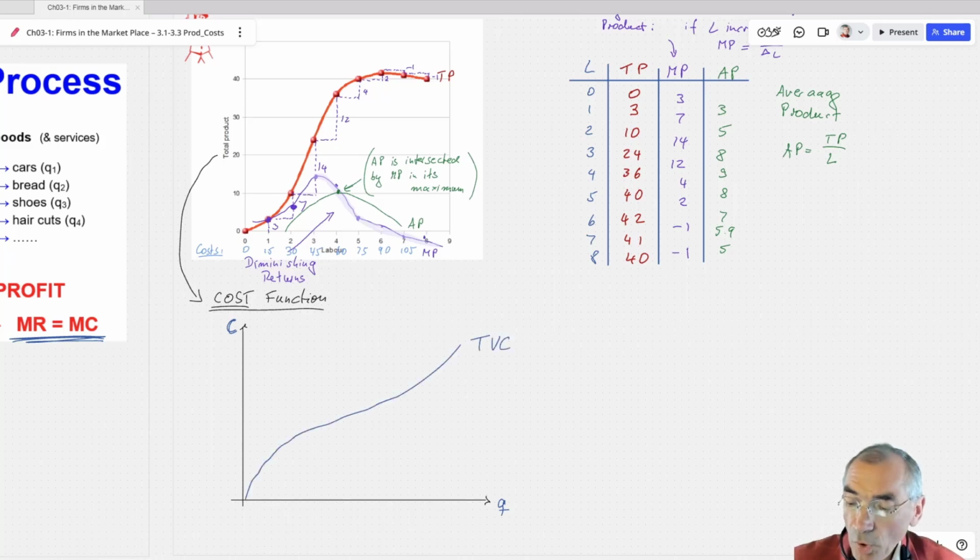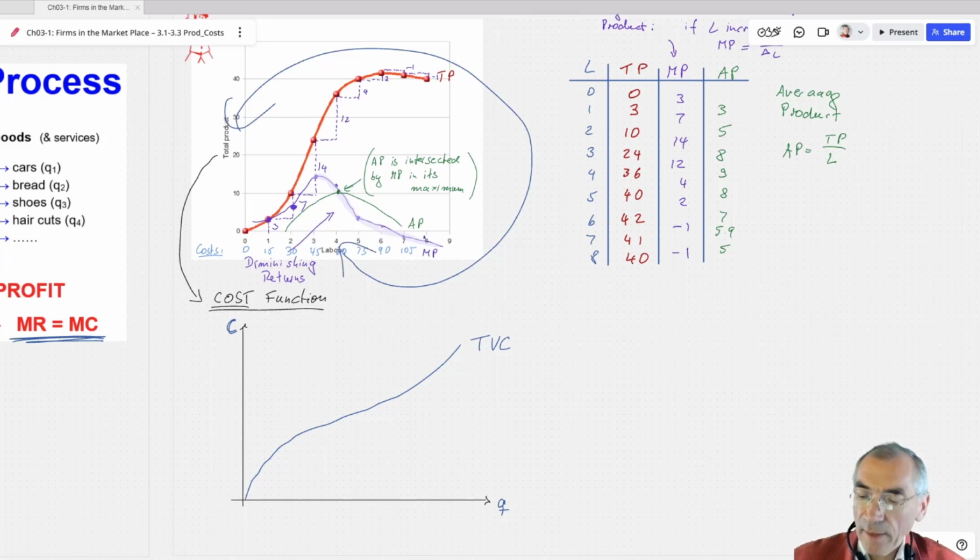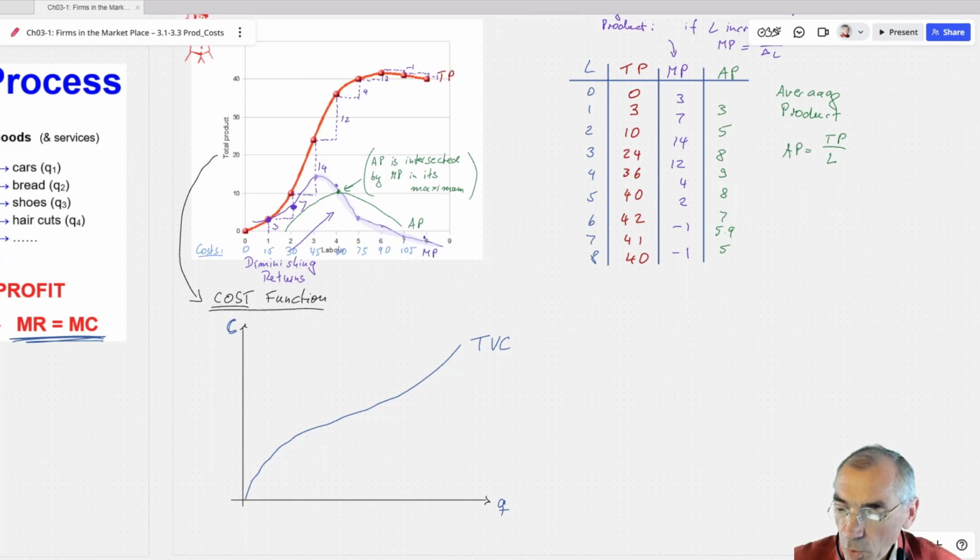These are our total variable costs. And that's why the lower diagram is below the upper diagram. It directly comes from, as I said, changing the axes here, and then the graph turns and looks like this. That is our cost function, the total variable costs, because it's the costs of employing 1 to 3 workers.